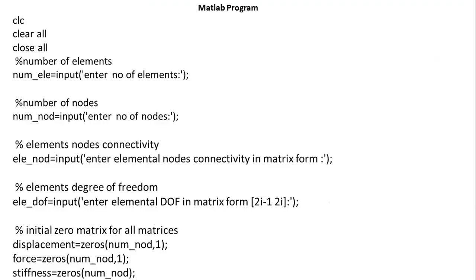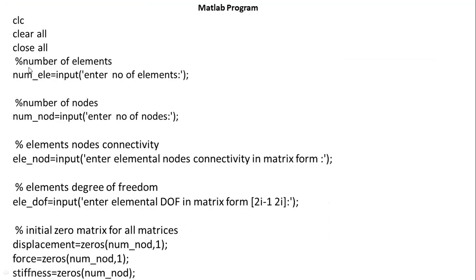Okay, after step number 1, discretization, and the data given in the problem, on that basis we can write the initial steps. So clc, clear all, close all, means clear our working window of MATLAB. Okay, so this is MATLAB code.